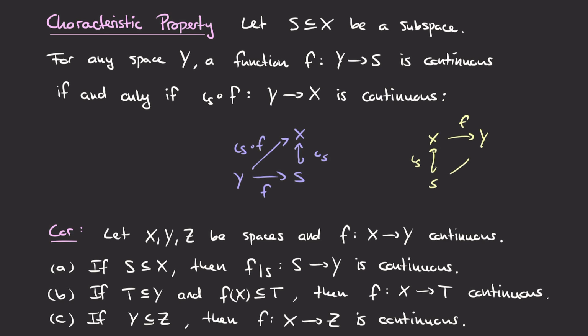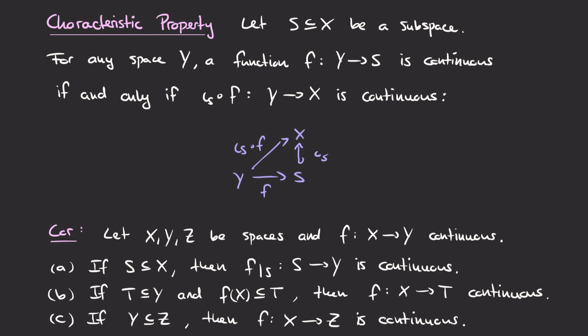But this follows from the fact that if we compose f with ι_S, then this is equal to f restricted to S. And because both ι_S and f are continuous, so is their composite, which is just this restriction map we're interested in. So being able to restrict functions in the domain follows from the fact that this inclusion map is continuous. So this is one of the reasons why we wanted this feature of being continuous for this inclusion.